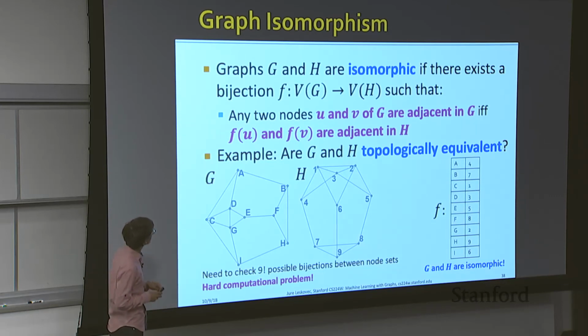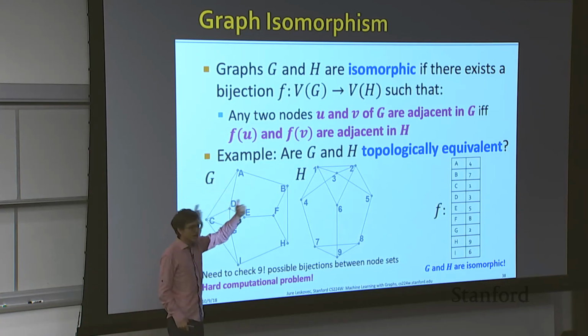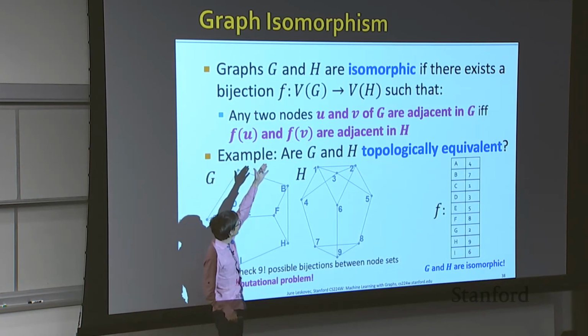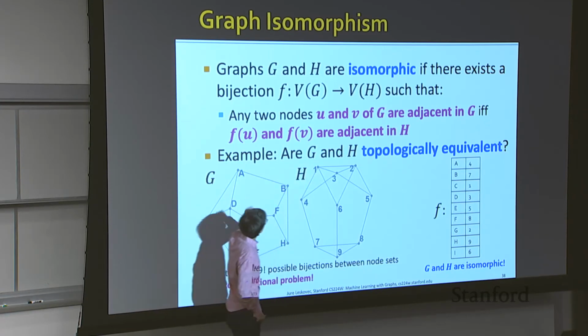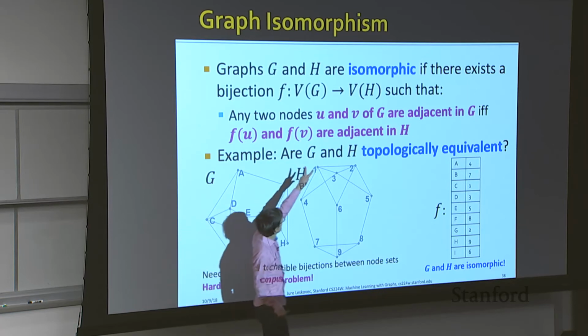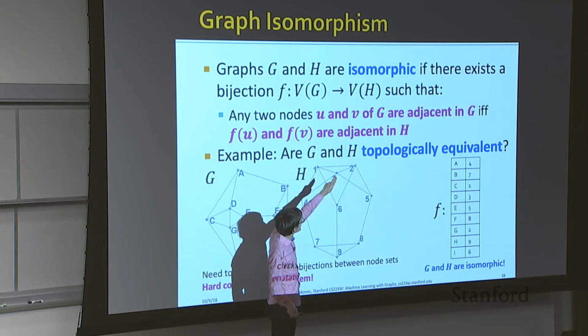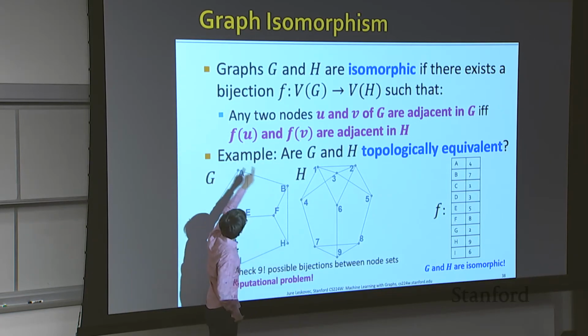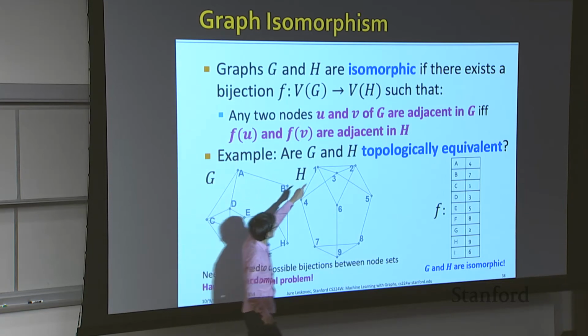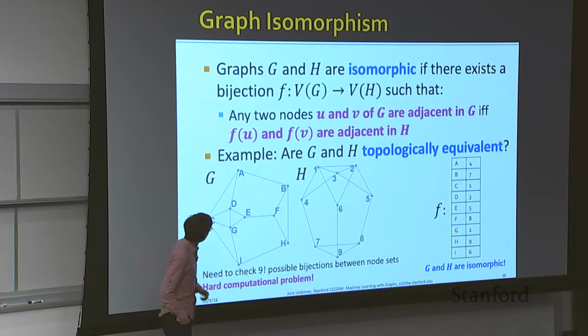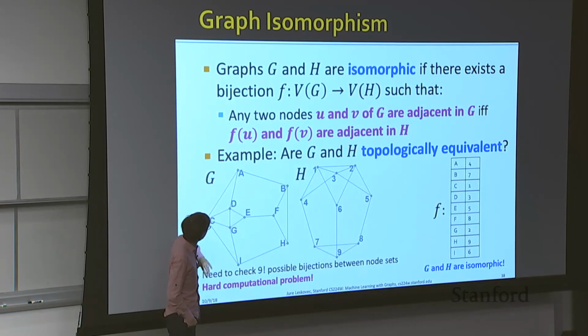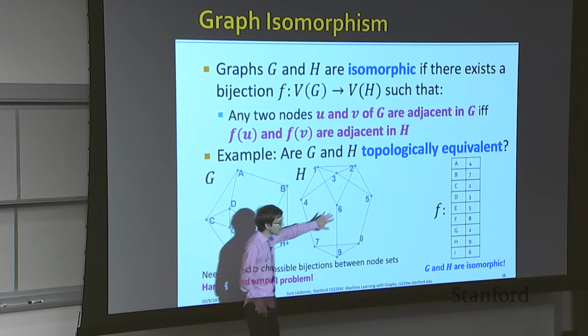So I have a bijective function f that takes the vertices of graph G and maps them to the vertices of graph H in such a way that if u and v are connected in G, then f(u) and f(v) are also connected in H. Pictorially, this is my graph G, and here is my graph H.